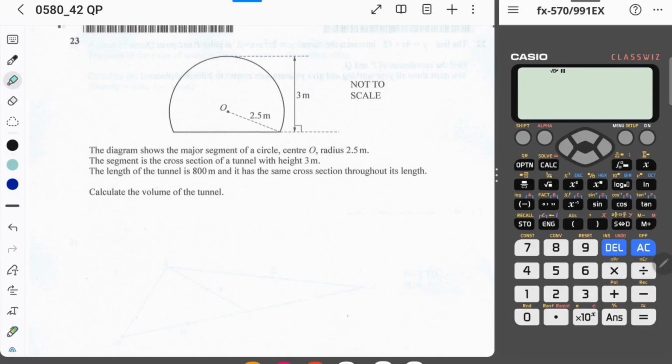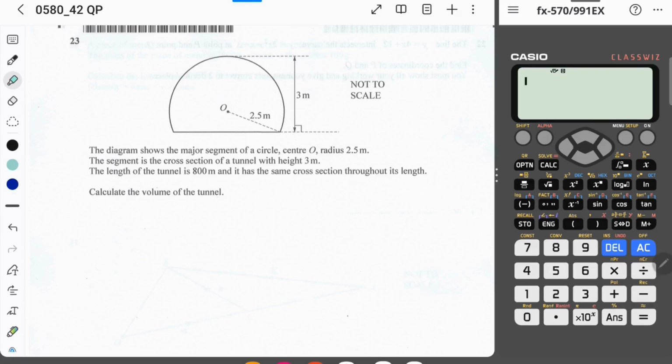The radius is 2.5, and the segment is the cross section of the tunnel with a height of 3 meters, and the length of the tunnel is 800 meters. It means that if we find the volume, then the length of the tunnel will be the height of the prism.